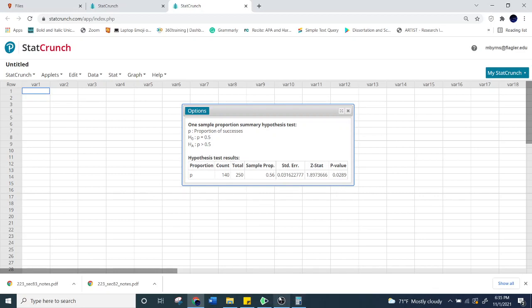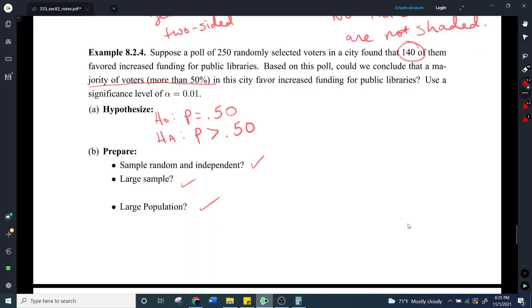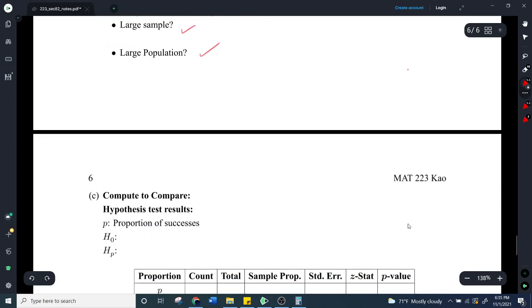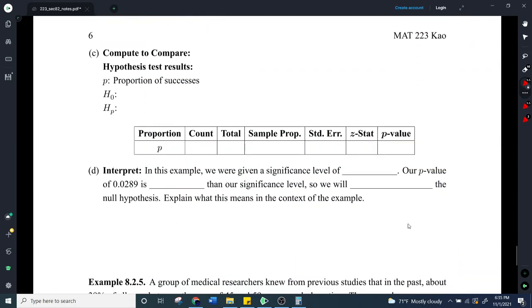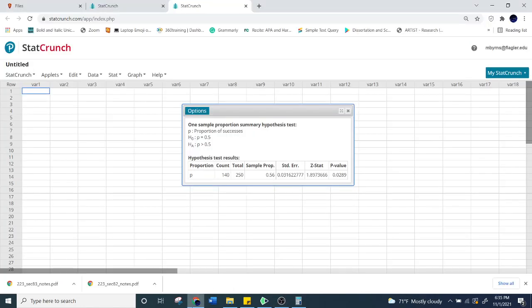So let's go back to our notes and put some of this information in here. My null was that P was equal to 50%. My alternative was that P was greater than 50%. I had 140 out of 250. My sample proportion, let's go to StatCrunch, was 0.56.